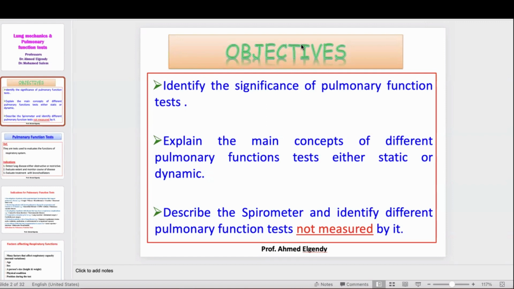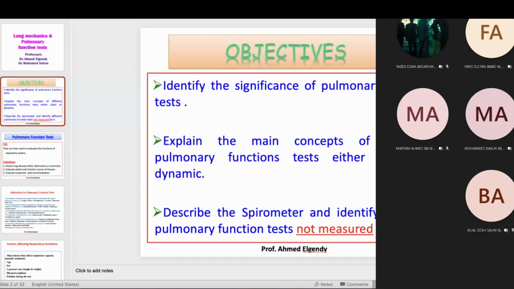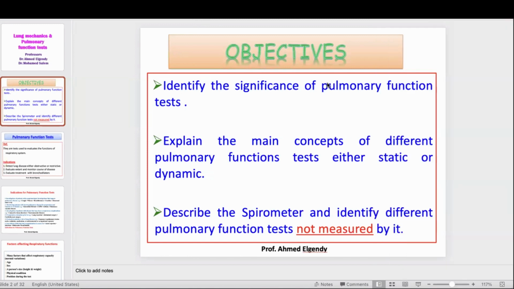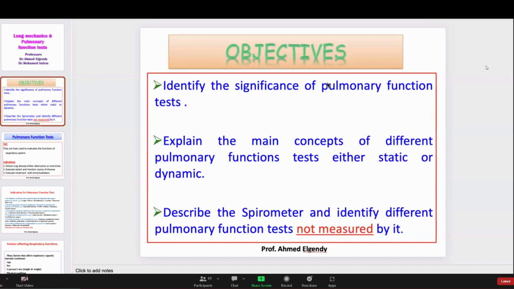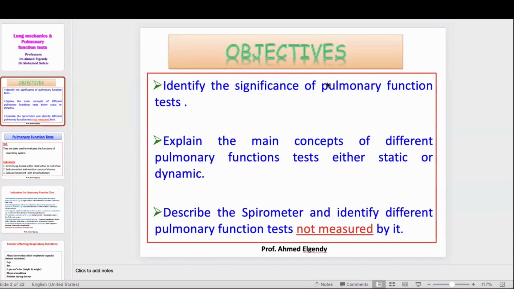All right. So today we'll be talking about this pulmonary function test, as you see here. And inshallah, in the afternoon, we are going to do this lab on this spirometry. So the objective of this lecture today is to identify the significance of the pulmonary function test.